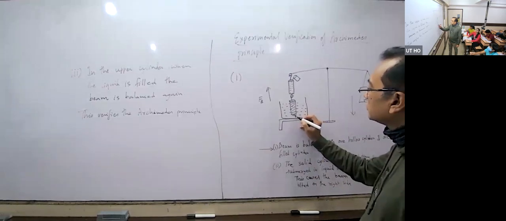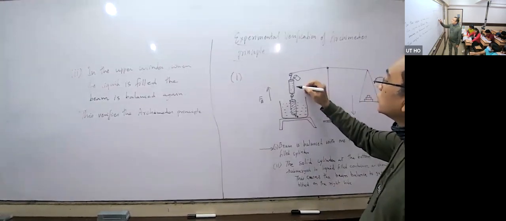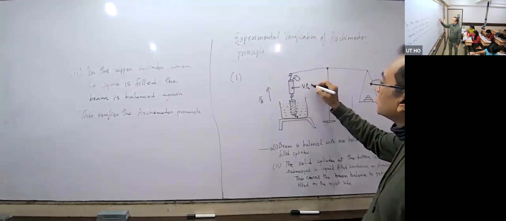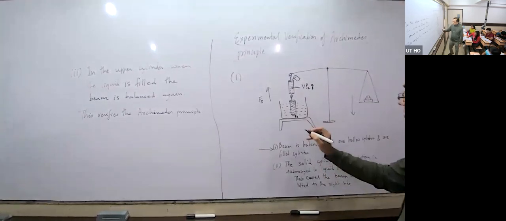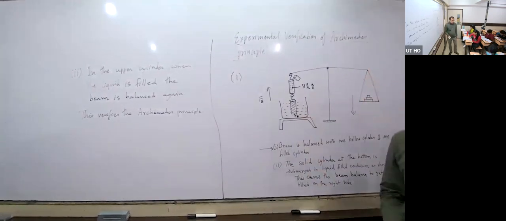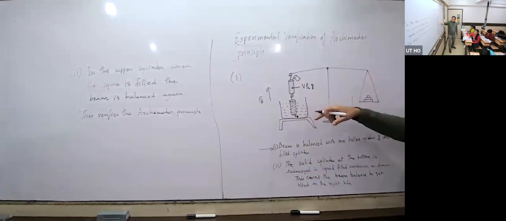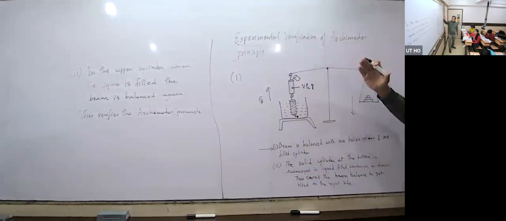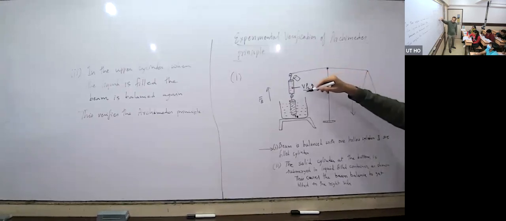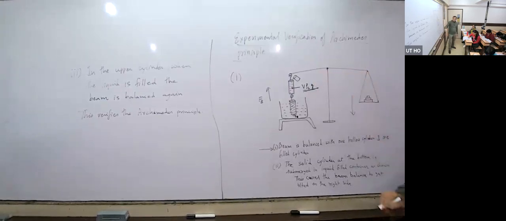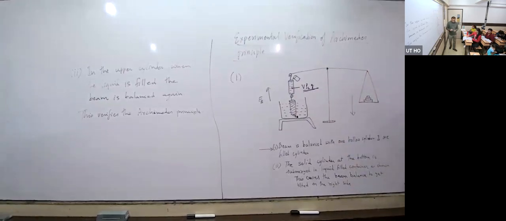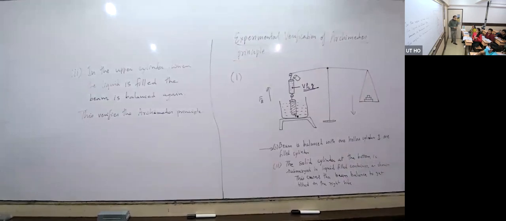This upthrust, which is making it tilt, gets balanced again when we fill this liquid by this much weight. So whatever is this volume, same as this. Is it clear?